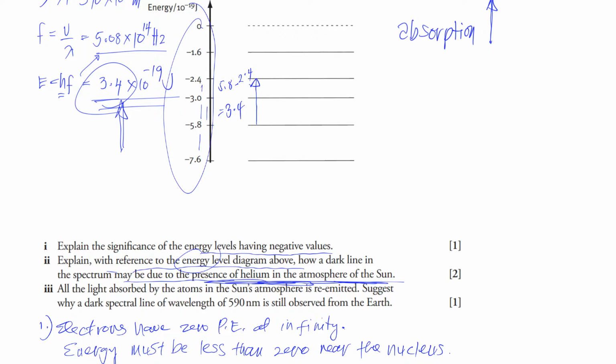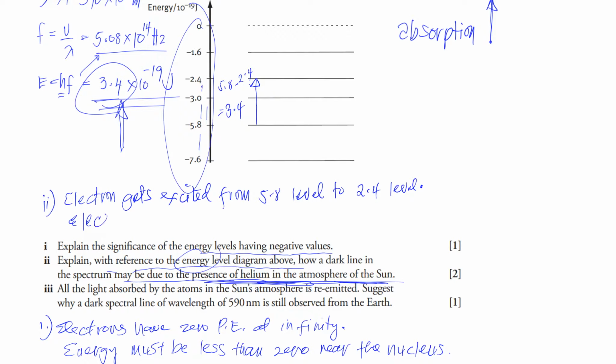So our answer will be here. I'll write it here. Electron gets excited from 2.4 level to the 5.8 level.